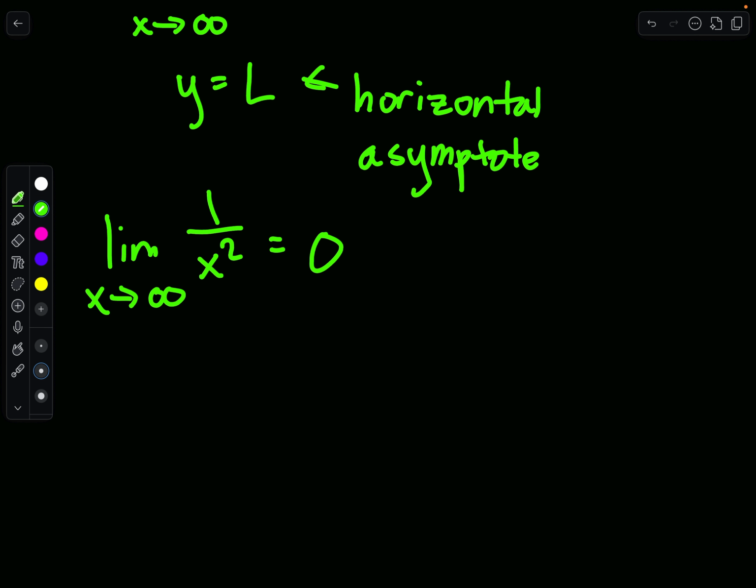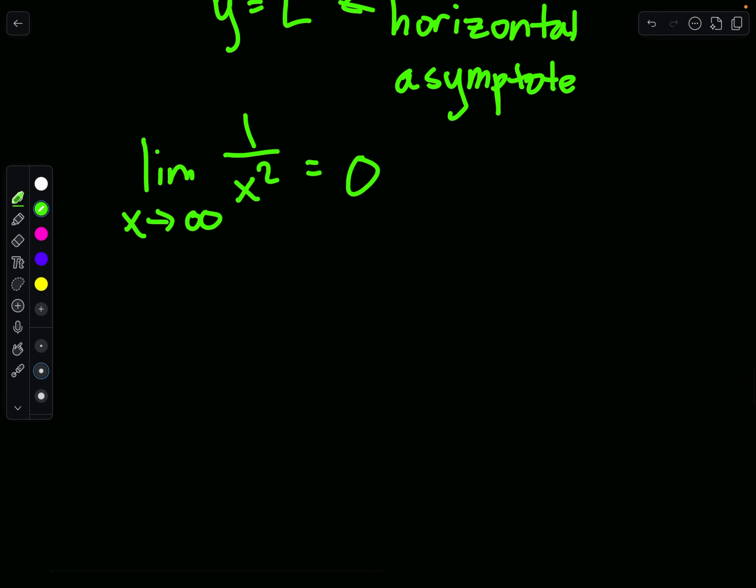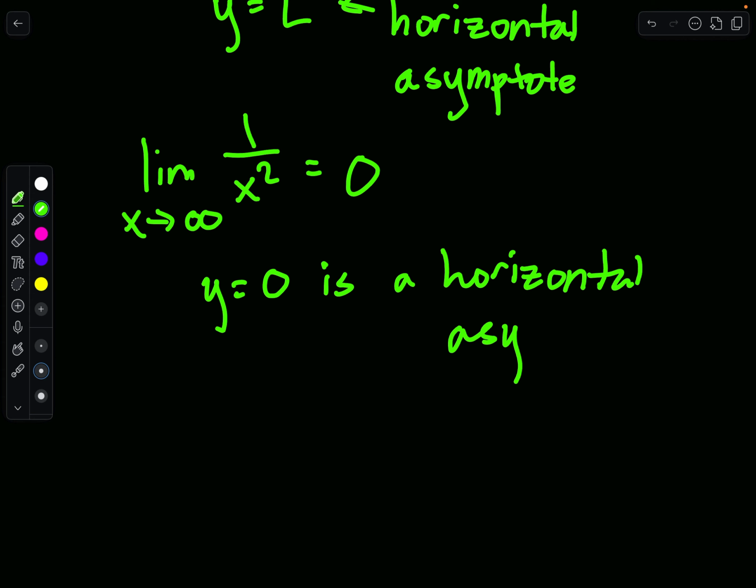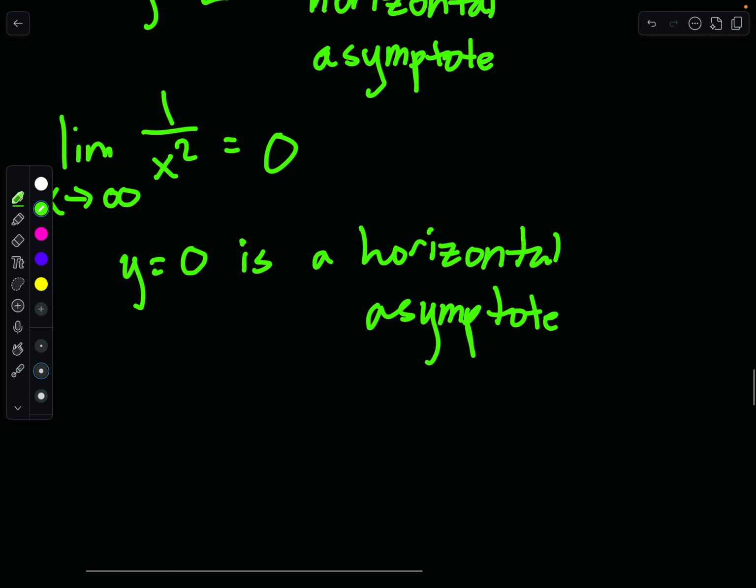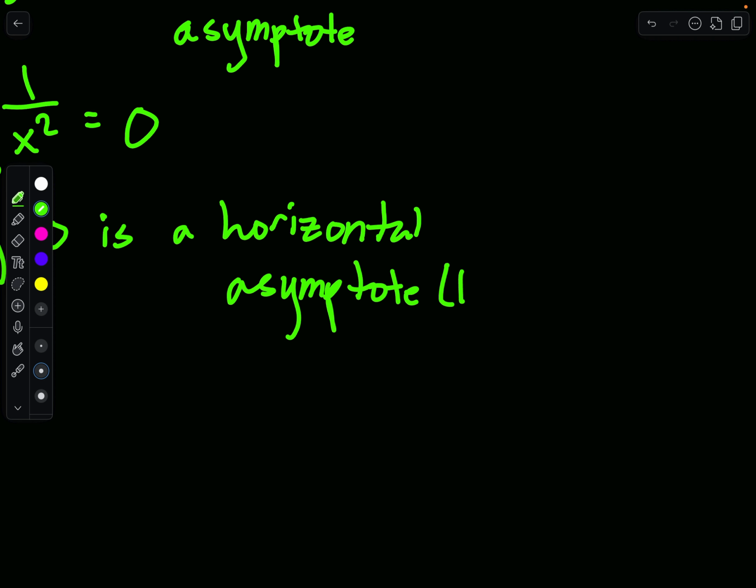This means that the horizontal asymptote, or at least one of them, would be y equals 0, is a horizontal asymptote. We can abbreviate this as HA.